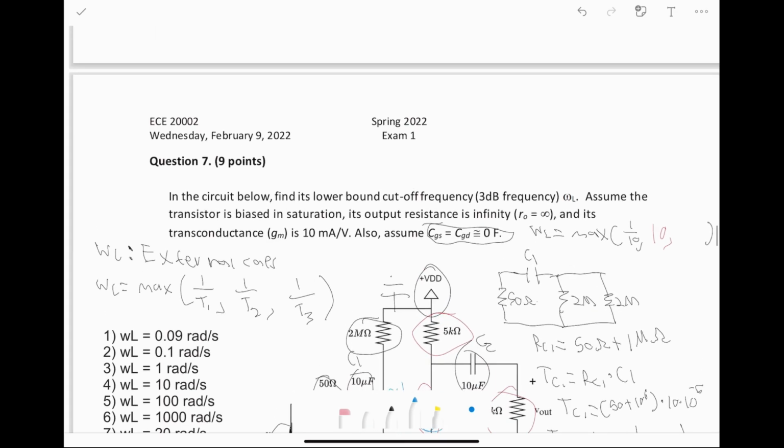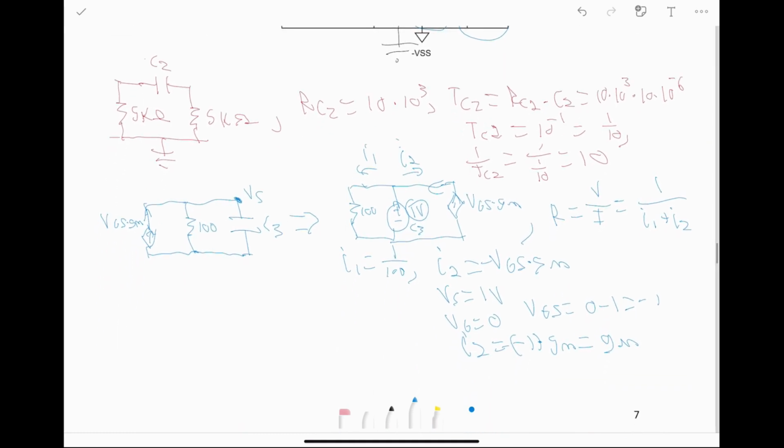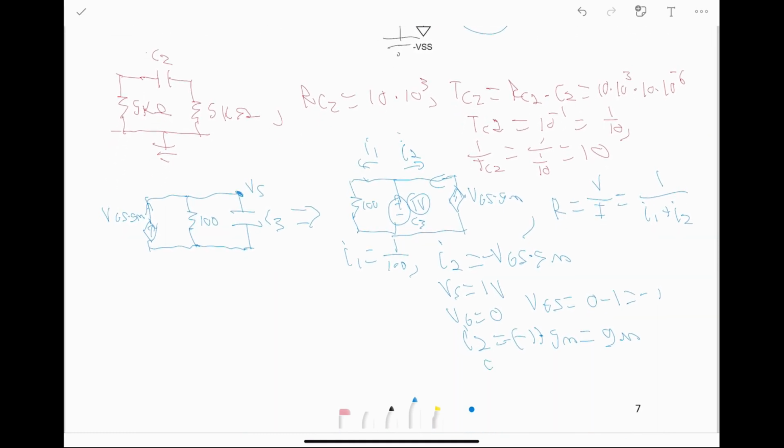What is GM? I think they gave it to us right here. It's 10 milliamps, which we could write as GM is equal to 10 times 10 to the negative third. So I2 is equal to, if we simplify that, 10 to the negative second. So we can say that I2 is equal to 1 over 100 as well. So I1 actually happens to equal I2.